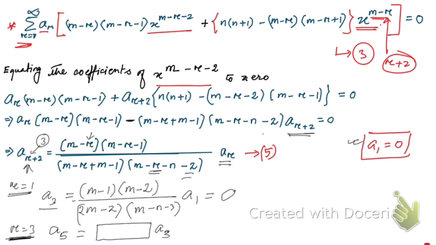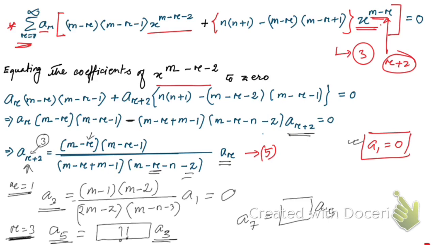As we have got here a3 something, this thing into a1, so similarly we're going to have a5, something here into a3. Similarly in case of a7, here must be a coefficient, then into a5. In this pattern we're going to get a9, a11, so on, right?